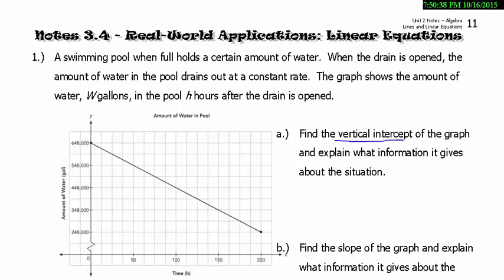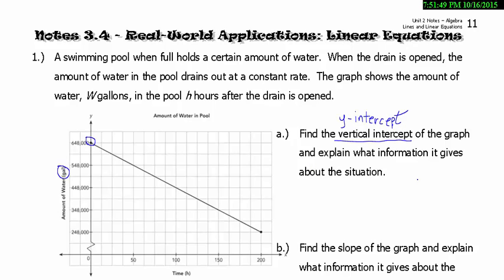This is something we haven't used before, but it does mean the same thing as the y-intercept. And so when it says to find the vertical intercept, it does mean to find the y-intercept. So if we look at the graph, we have 648,000. That is our y-intercept. The unit here is gallons.